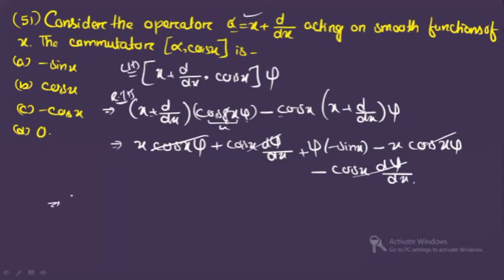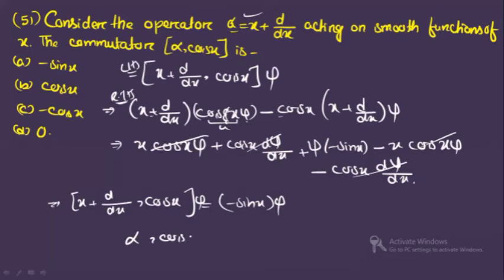So finally you can write x plus d/dx of cos x equals minus sin x psi, right? This is what you are having. That means alpha comma cos x equals minus sin x. That means the commutator of alpha and cos x is minus sin x. So the correct option is option A.